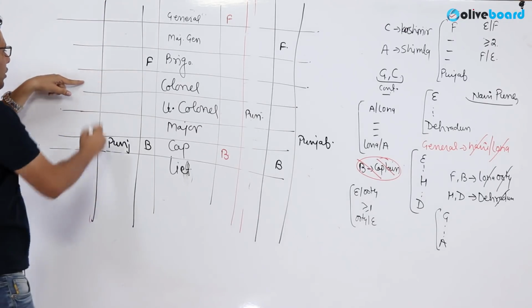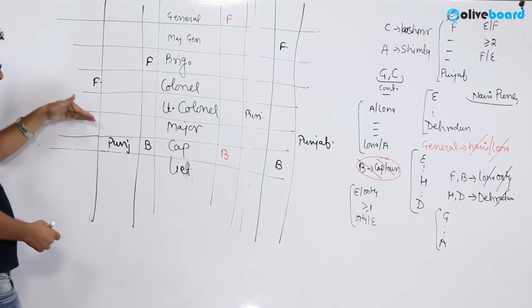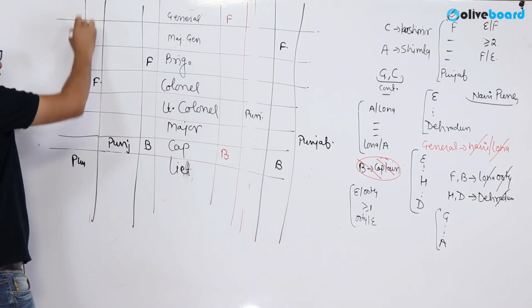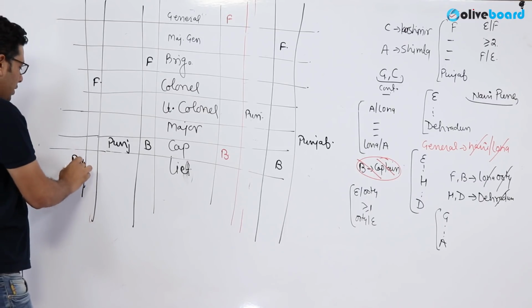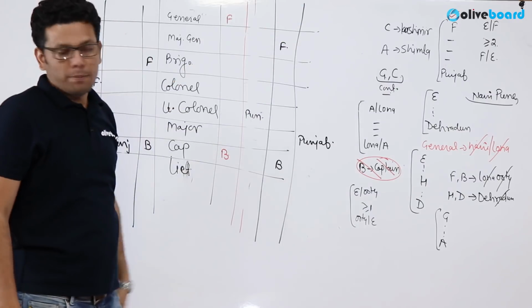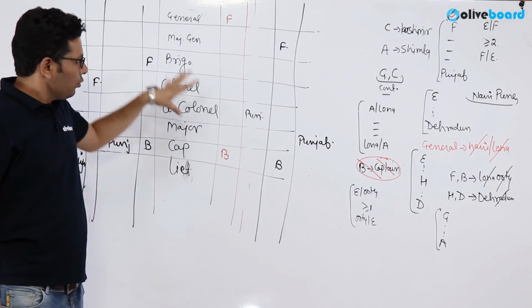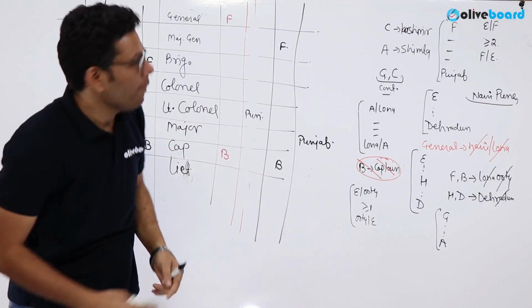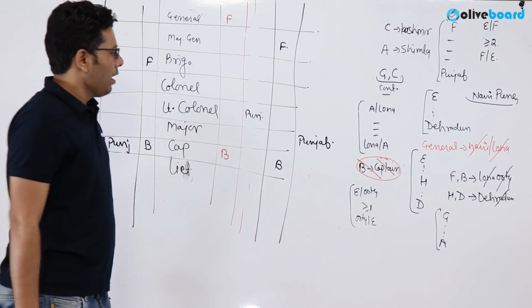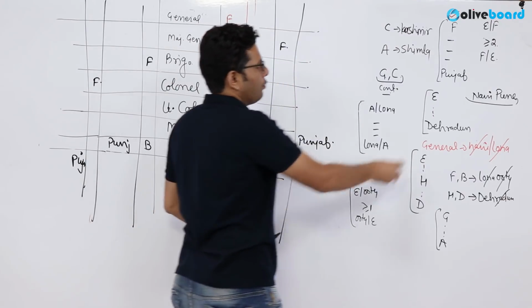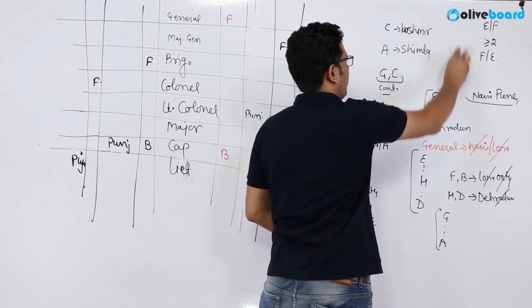F may be here also: F, 1, 2, 3, and this may be Punjab. So these are the 4 possible cases out of F and Punjab. Let me remove the data which I have already put in: I have put B captain, I have put F and Punjab.